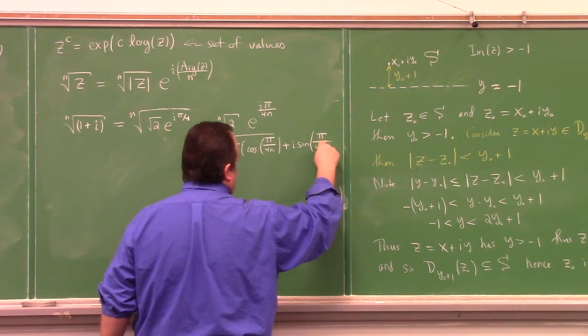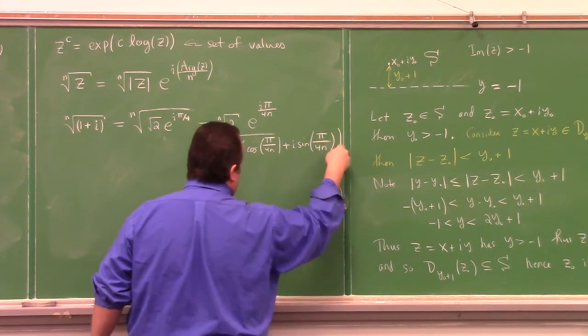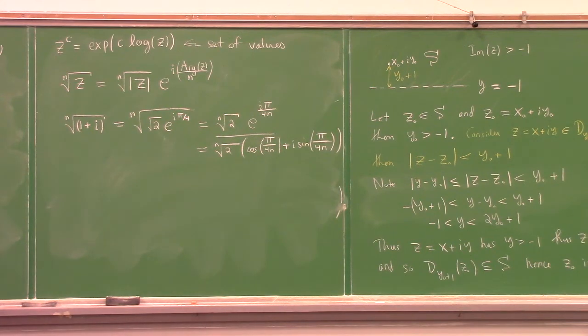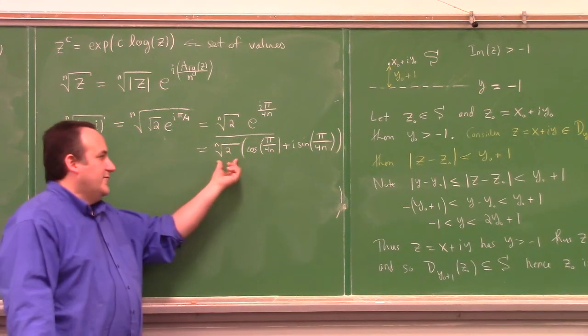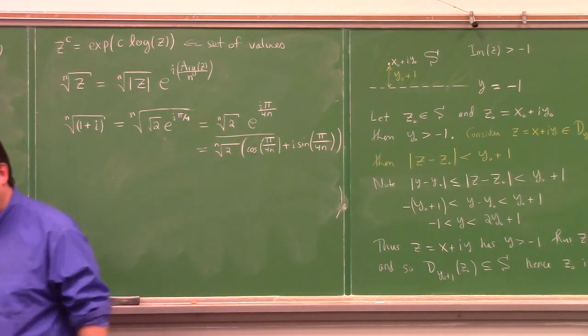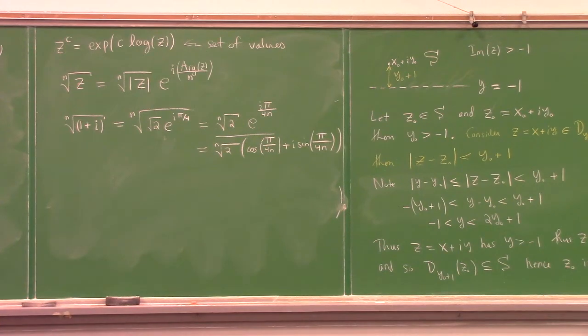That would be the Cartesian form of the nth root of 1 plus I. And to be fussy, you should multiply in the nth root of 2, so you have a plus bi explicitly. But if I ask you for the Cartesian form and you give me a real number times something in Cartesian form, I'm still going to count that as Cartesian form because, come on.